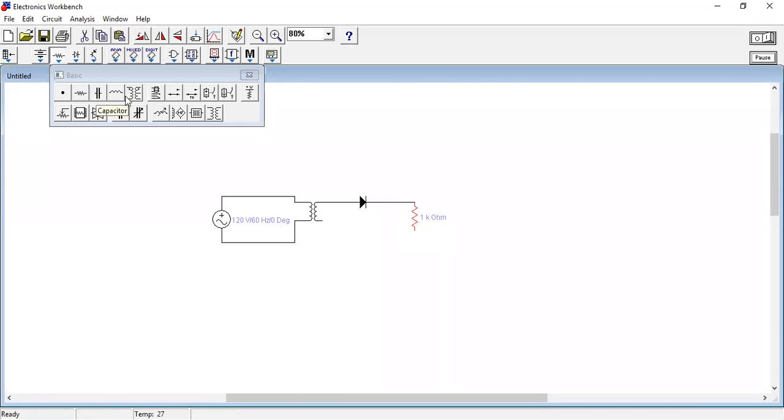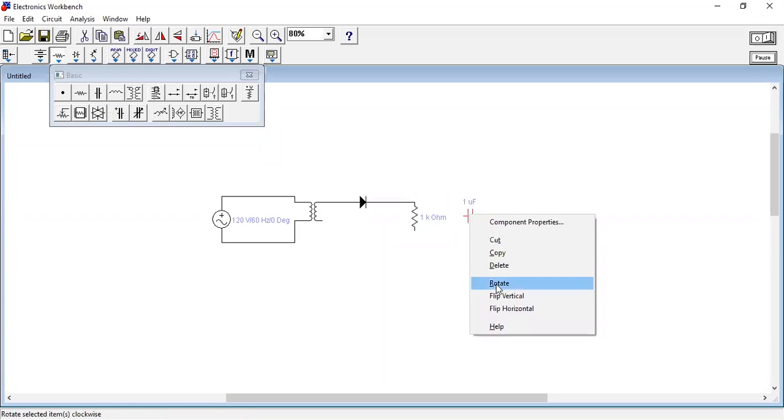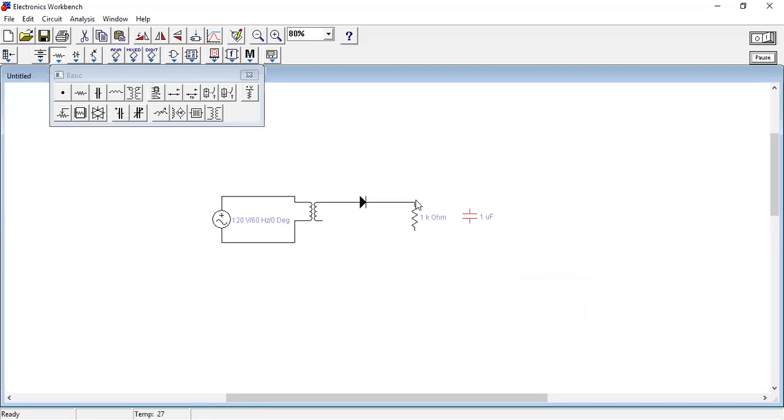We connect the negative side terminals of the capacitor.